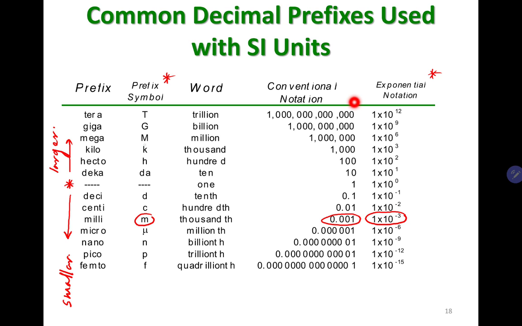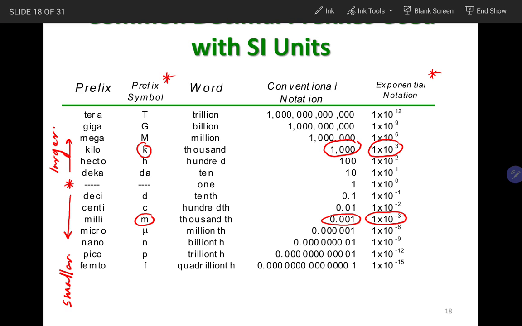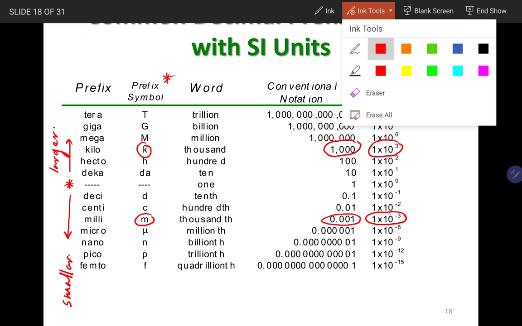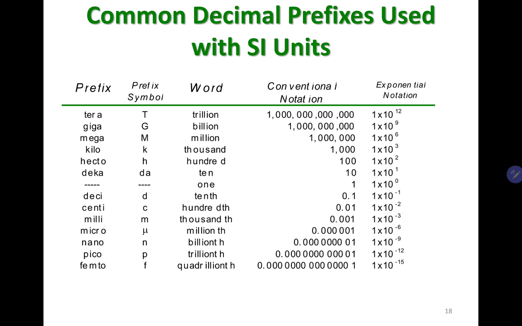Kilo, as an example, will multiply the SI unit by 1000. So this is how you usually use a prefix table when modifying an SI unit.